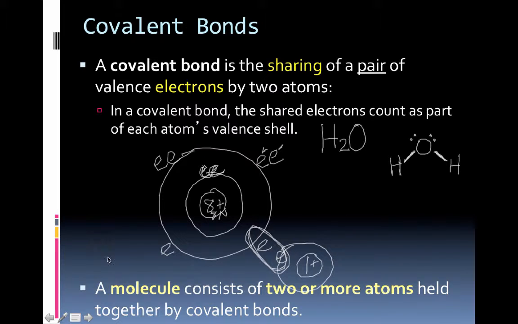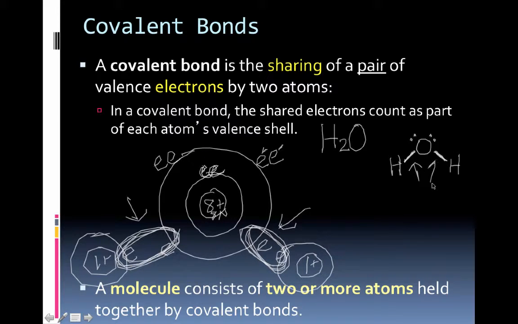If we put another hydrogen atom on the other side with its proton and its electron, again, these electrons can be shared, forming another covalent bond. So these shared electrons result in full orbitals for each of the atoms, stability, and we have produced a molecule, which consists of 3 atoms in this case, held together by 2 covalent bonds.